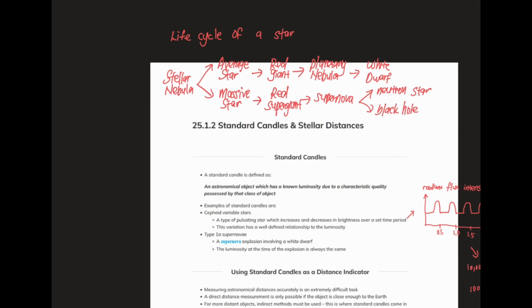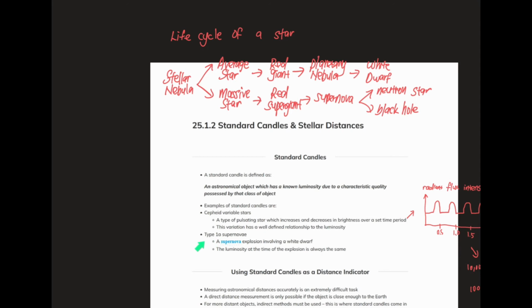So our concern is this part, supernova, which is almost at the end of the life cycle of a star already. Which is white color. That's why you can see here white dwarf.